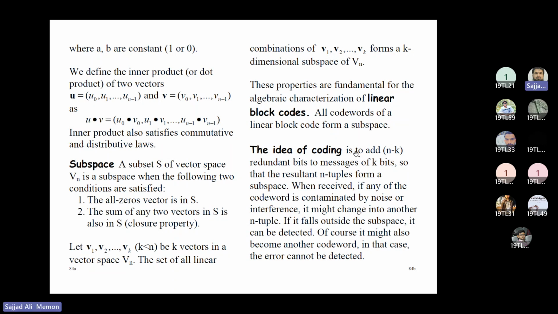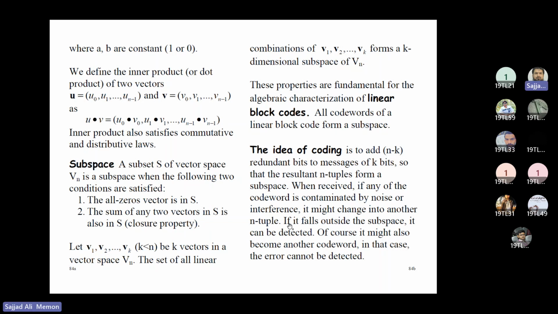So it says, in linear block codes, the idea of coding is to add n minus k redundant bits to messages of k bits so that the resultant n-tuples form a subspace. When received, if any code word is contaminated by noise or interference, it might change into another n-tuple.